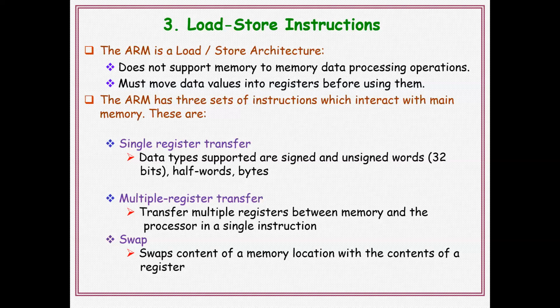In the multiple register transfer method, we transfer multiple registers between memory and the processor in a single instruction. And the last category is swap, which swaps the content of a memory location with the contents of a register, because memory to memory is not supported.